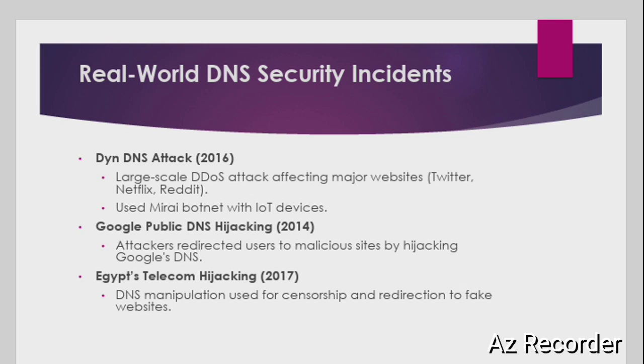Real world DNS security incidents. The 2016 Dyn DNS attack was a large scale DDoS attack affecting major websites such as Twitter, Netflix, and Reddit. It used the Mirai botnet with IoT devices. IoT means Internet of Things devices.